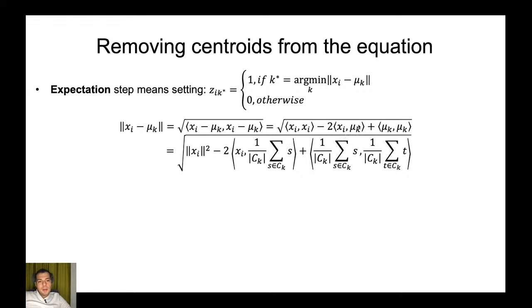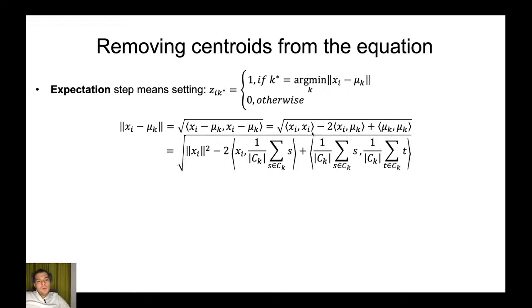So here we replace the average, the centroid mu k, with its formula. So the average vector is equal to the sum of all the vectors s in the cluster K.